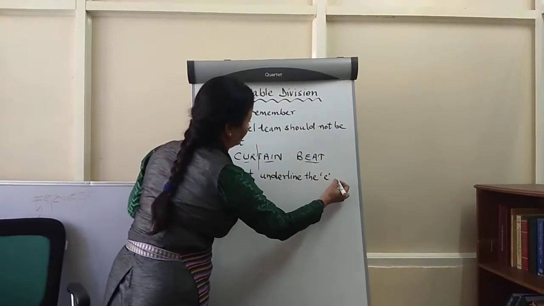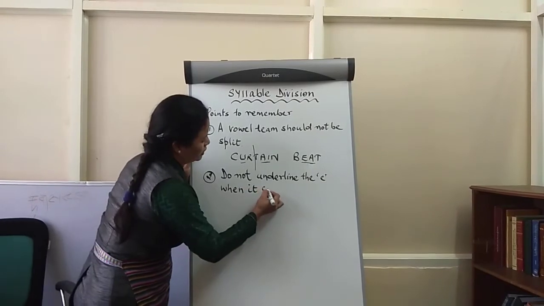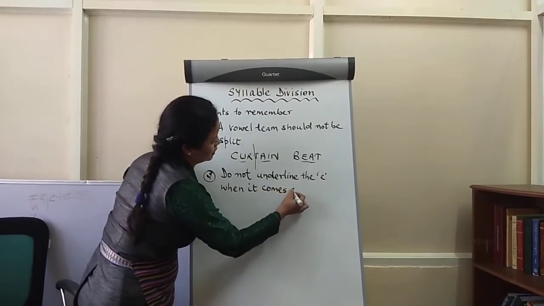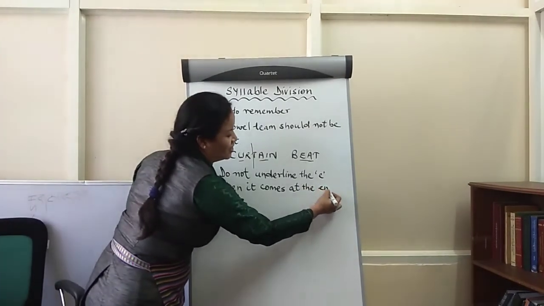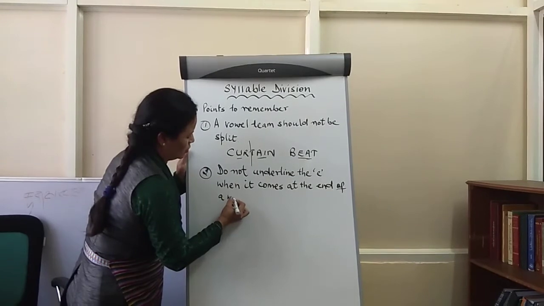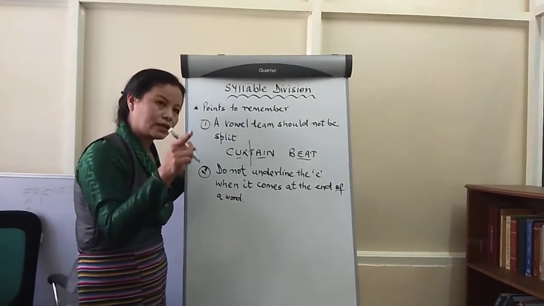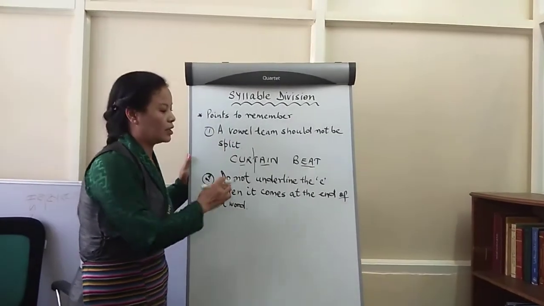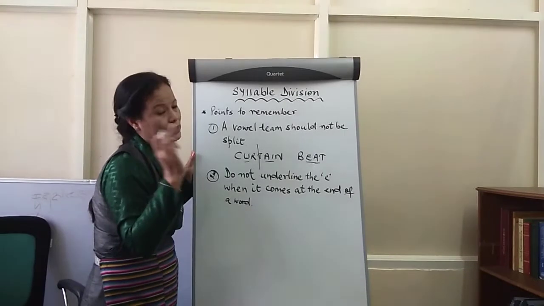Usually we underline the vowel sound and then we split, but when E comes at the end of a word, we will not underline it because it is silent.